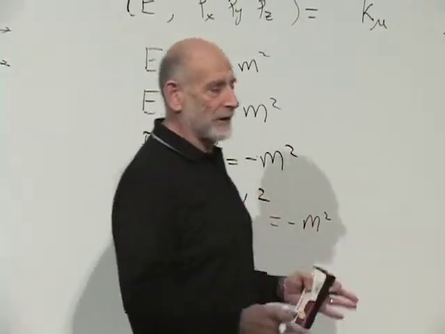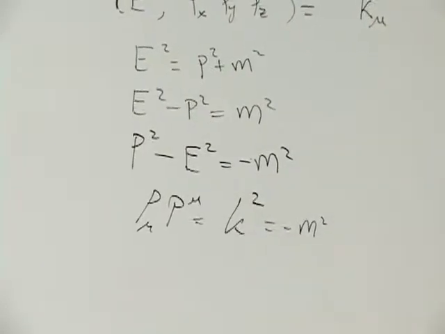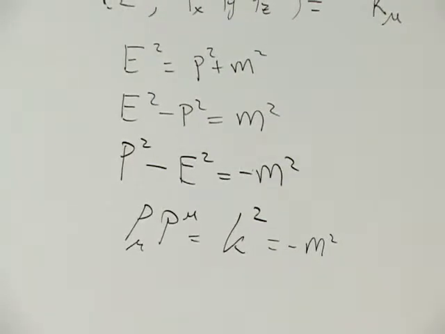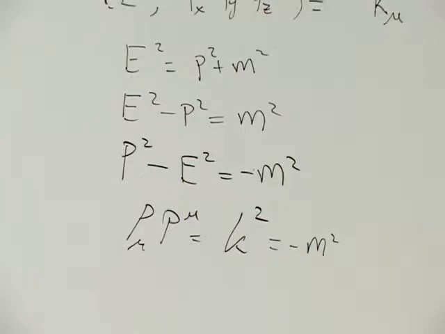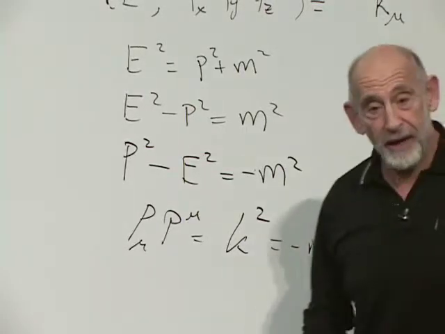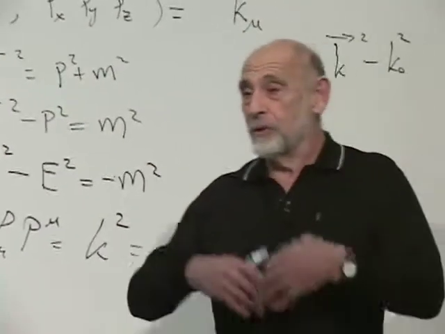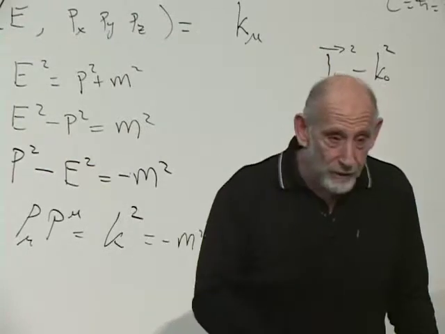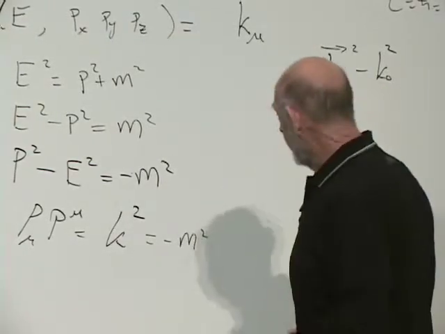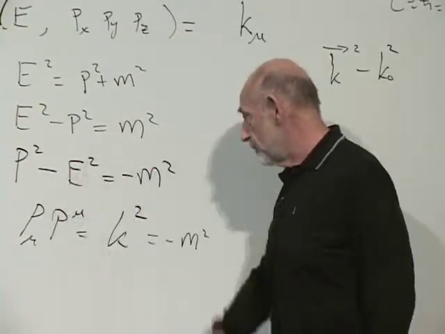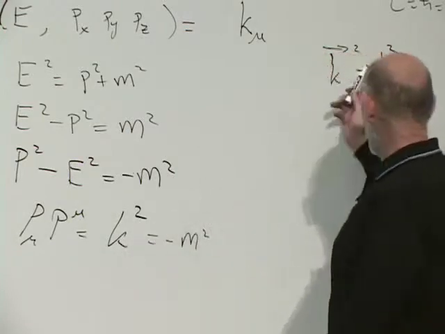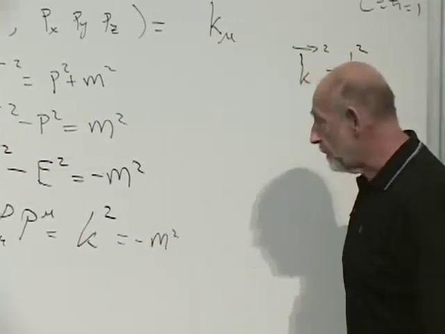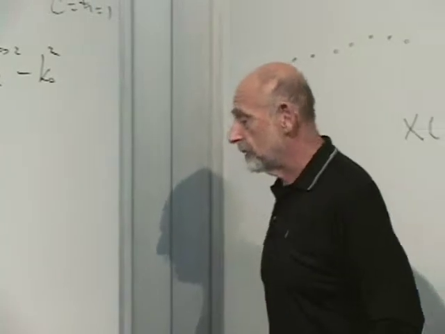You can't vary k squared. Of course, k squared consists of the energy and the momentum. When you say you can't vary k squared, it doesn't mean you can't vary the momentum. It means when you vary the momentum, the energy varies in a certain way. And the way that it varies is that k naught squared minus k space squared equals minus m squared.